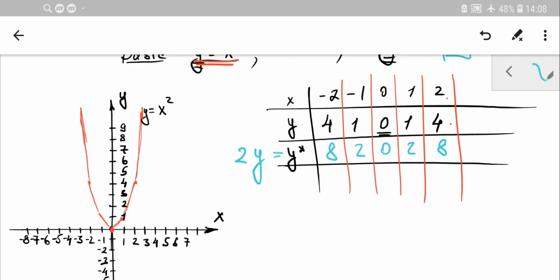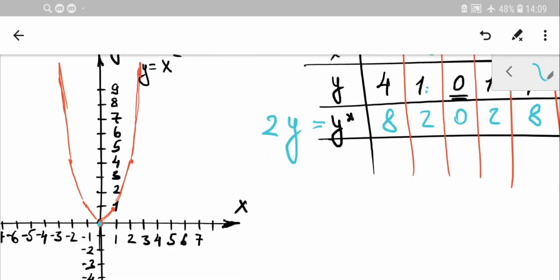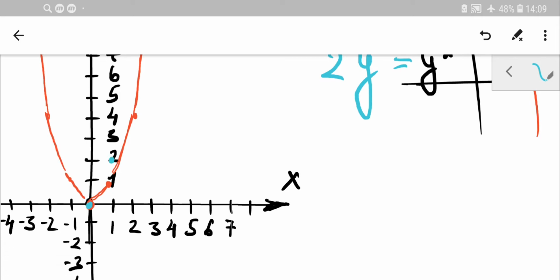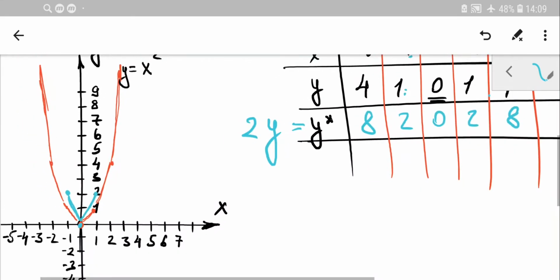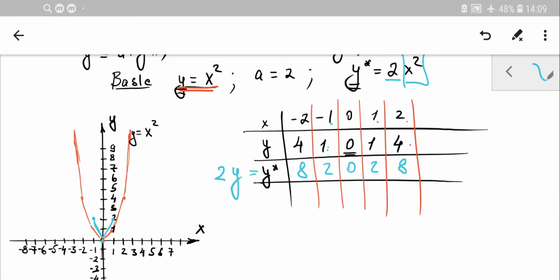For 0 the point matches, but for x = 1 or -1, the previous values were 1 and 1, whereas for the new y star function you get 2. So for y star you get different points, and if you start connecting them, you understand that you have a shrink of the parabola, so it gets narrow. That's the first outcome that you might notice.